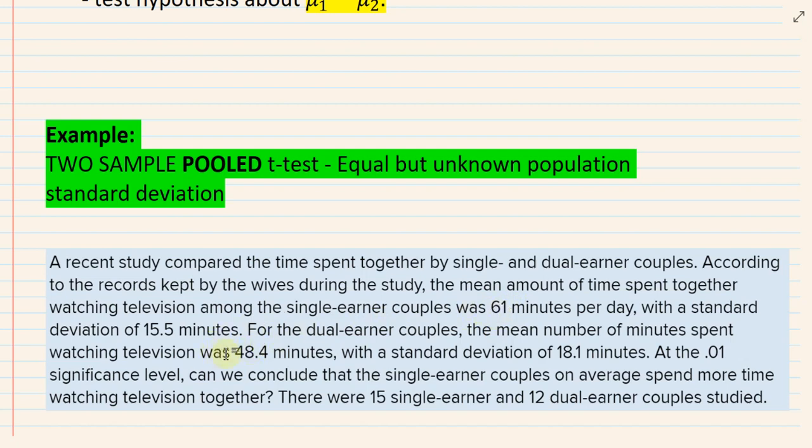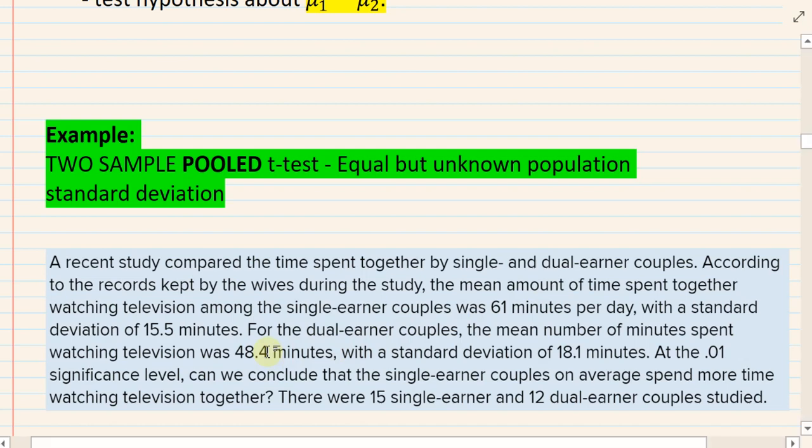The difference, clearly, there's at least 10 minutes difference between them based on these small samples, and that's not good. We don't like small samples, but it is what it is. So the question is, is that difference of almost 10-11 minutes statistically significant, or is that just sampling variation? It's noise, that's what it is.